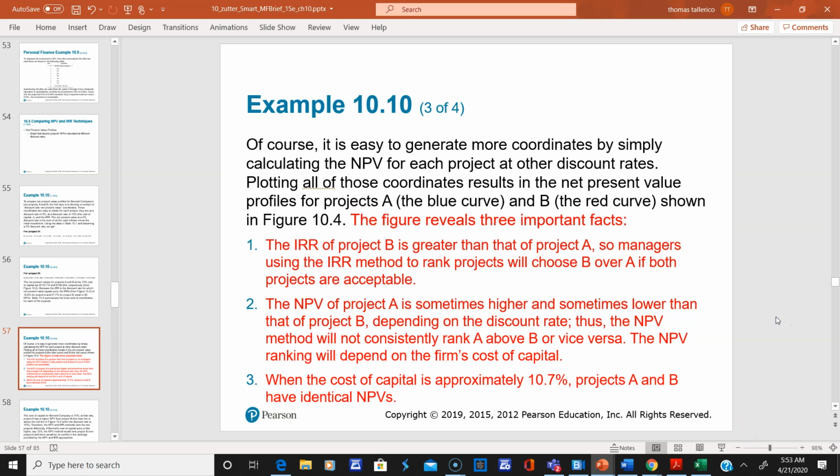So the best way to ever deal with net present value and internal rate of return is to graph the curves to see what they look like. You've got to graph the curves and take a good look at them, because you don't really know what's going on. And I'm going to show you that in future slides.